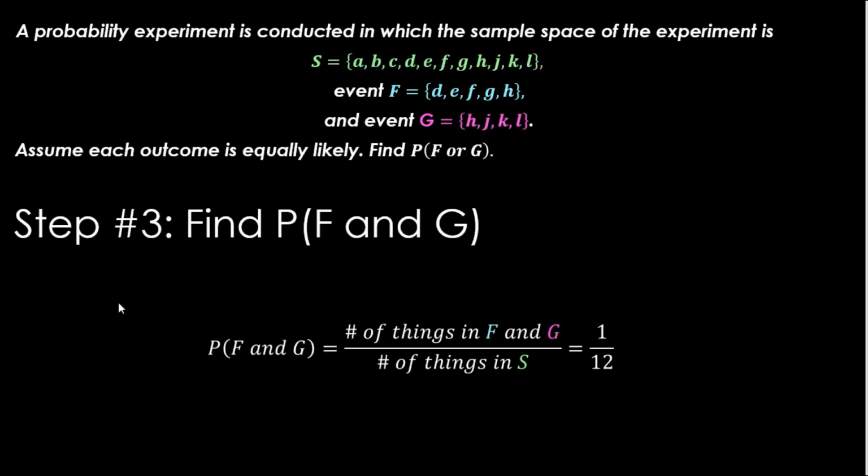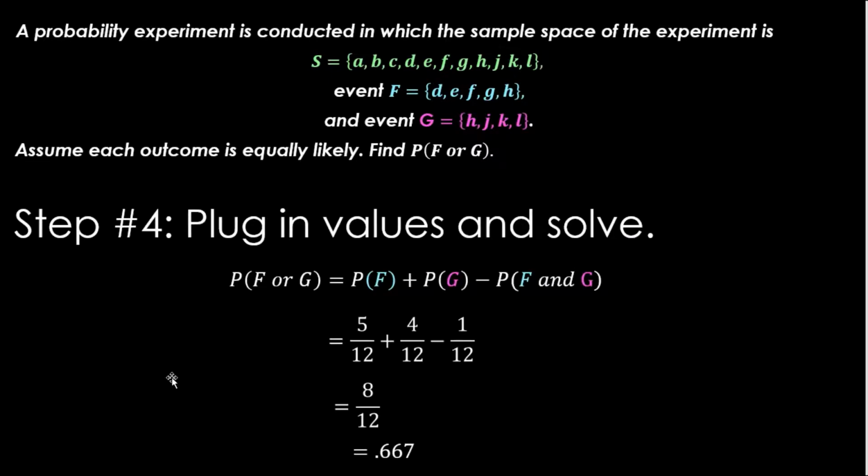Next, we need to find the number of items that are in both F and G. The only letter that's common to both is H. To find the probability of F and G, we take the number of things in F and G divided by the number of things in S, which is equal to 1 over 12. In the last step, we use the general addition rule and plug in the values that we found.